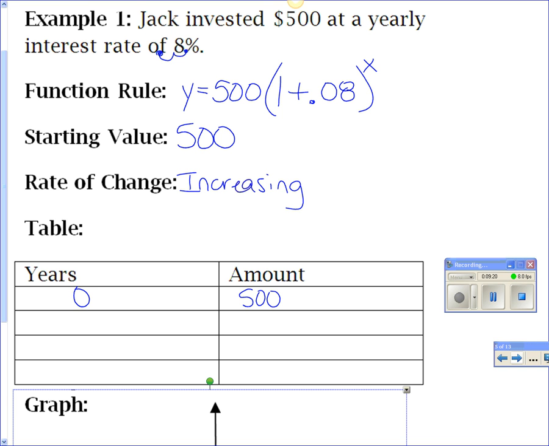That'd be good practice for us. 500 parentheses 1 plus 0.08 to the x power.